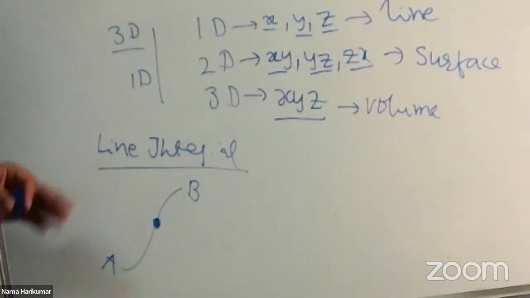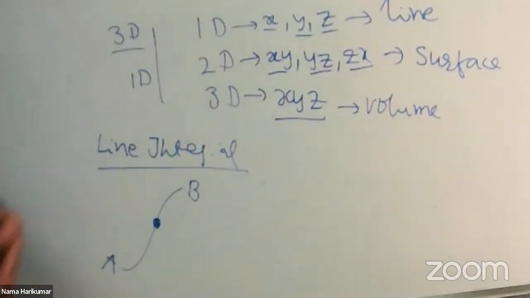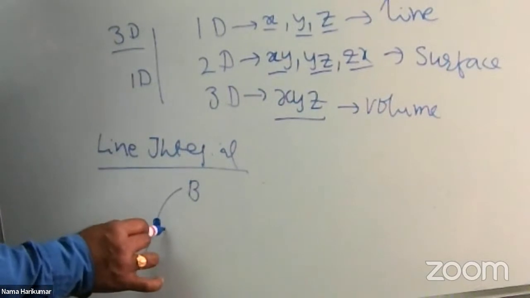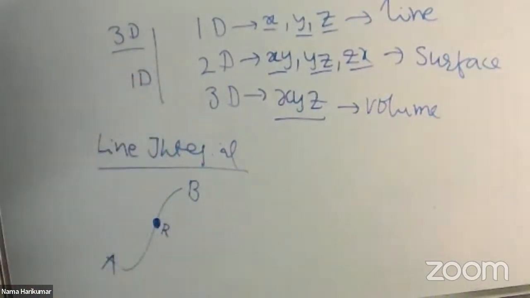This curve is nothing but a formation of a number of dots, so we consider one dot. We take that the dot name is R, capital R. So the AB curve is a vector.